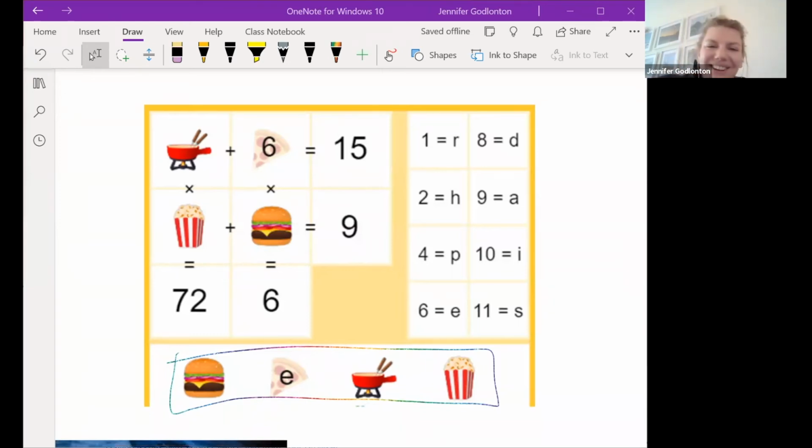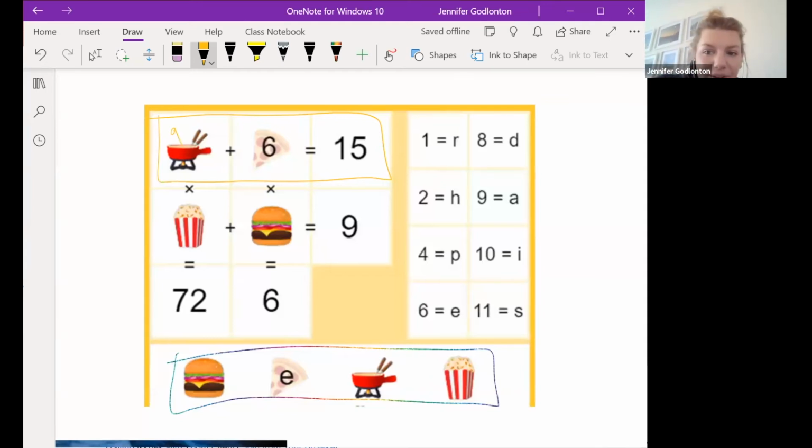Okay. These ones are not as bad as they look. Let's have a look at the first line over here. We have something plus 6 equals 15. So that means this is going to equal 9.